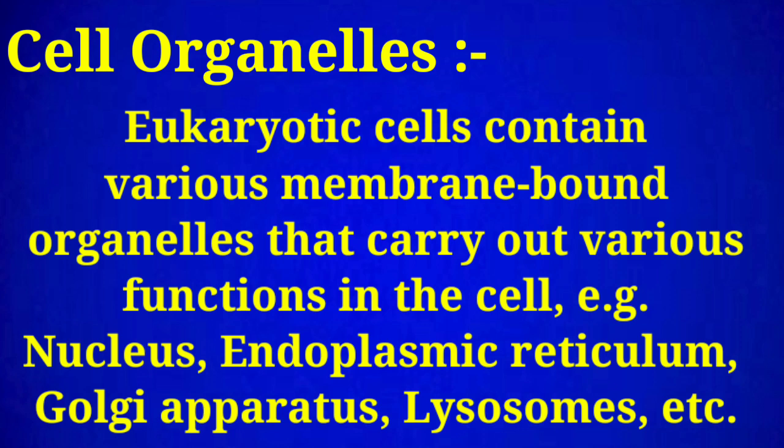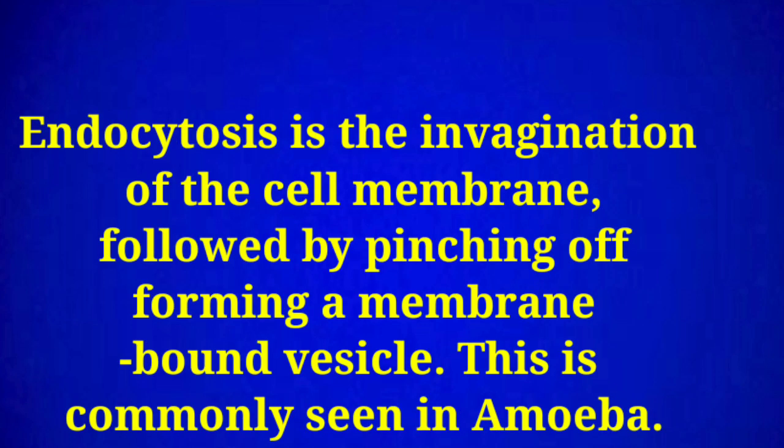Eukaryotic cells contain various membrane-bound organelles that carry out various functions in the cell, that is, nucleus, endoplasmic reticulum, Golgi apparatus, lysosomes, etc. Endocytosis is the invagination of the cell membrane followed by pinching off, forming a membrane-bound vesicle. This is commonly seen in amoeba.